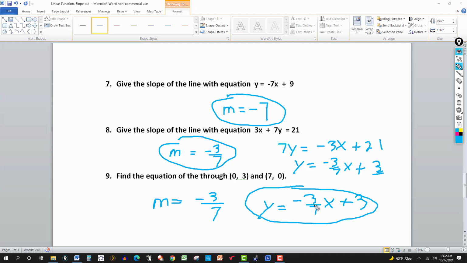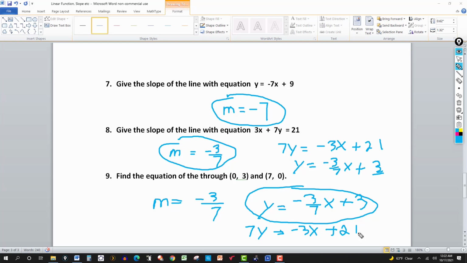So let's say they wanted it in the standard form. Then what you would do is always clear the fractions. I want to multiply everything by 7. So this will be 7y, multiplied both sides by 7, and this here multiplied by 7. Those cancel. This will be negative 3x. And then the 3 gets multiplied by 7, so that's 21.